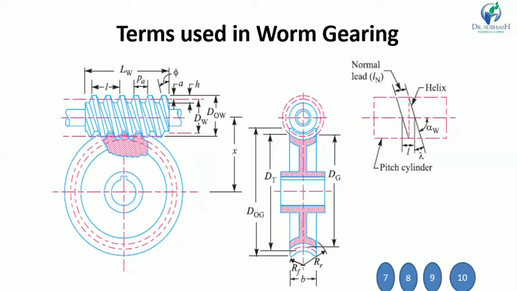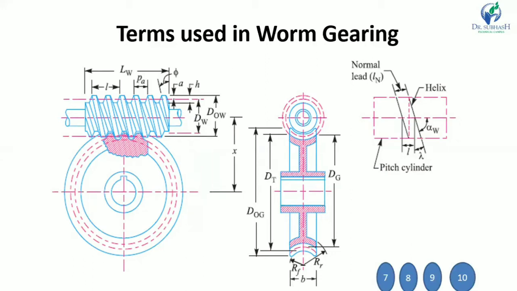So here you can see this PA. PA is the axial distance from one point of this thread to the corresponding point of the adjacent thread. It is known as PA, or the axial pitch.